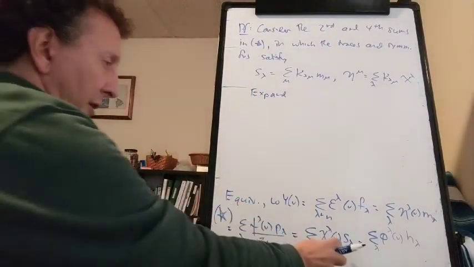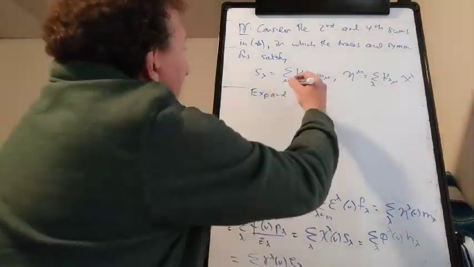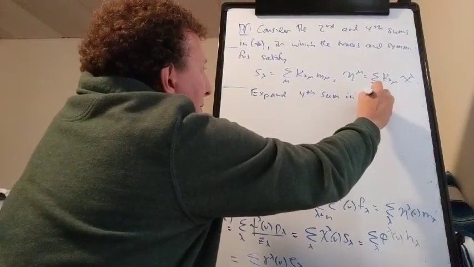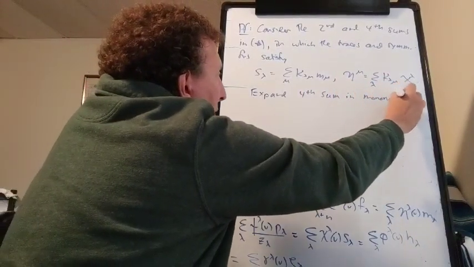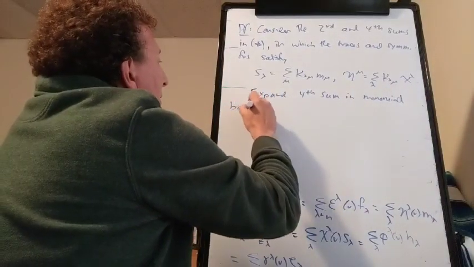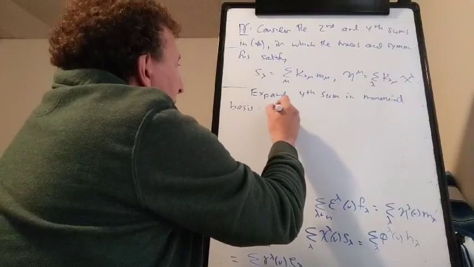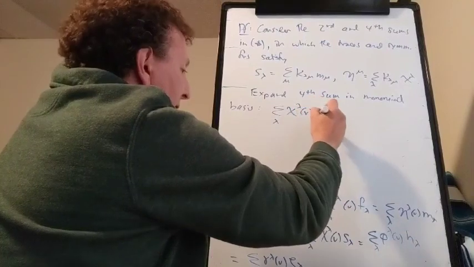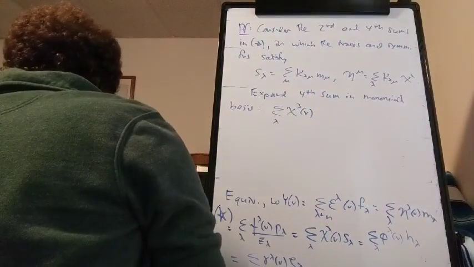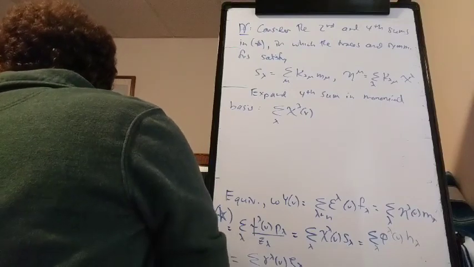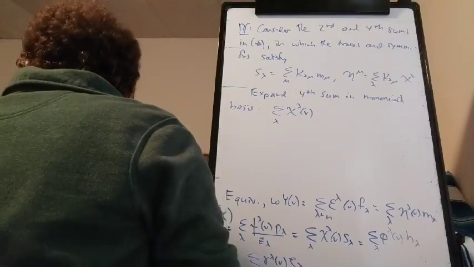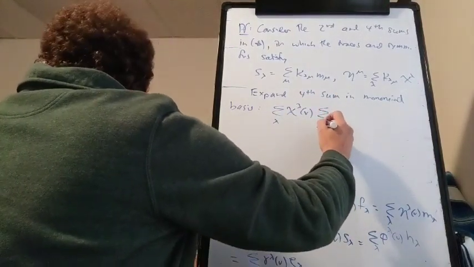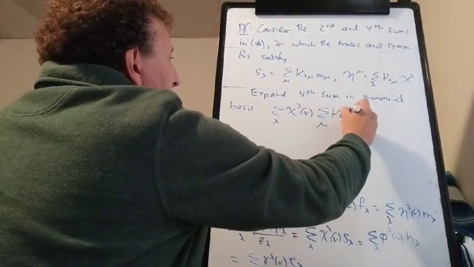Now let's expand this fourth sum in the monomial basis. So we've got the sum over lambda chi lambda of v s lambda, and instead of s lambda I'm going to write the sum over mu K lambda mu m mu.